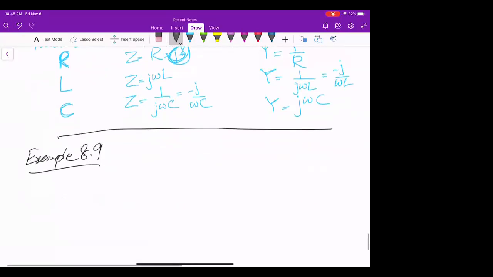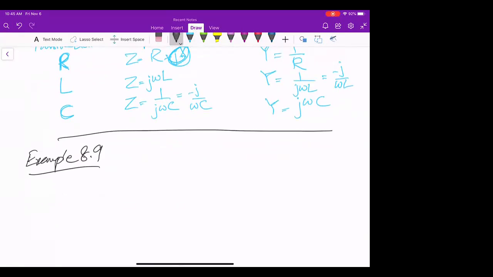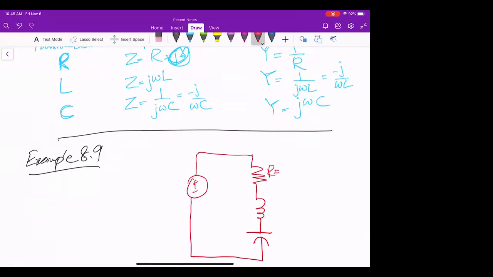So this is the circuit you have. R is equal to 25 ohms, L is equal to 20 millihenry, and C is equal to 50 microfarad. You have the circuit in which you have all of them. And this is your I of t, and this is your V of t.